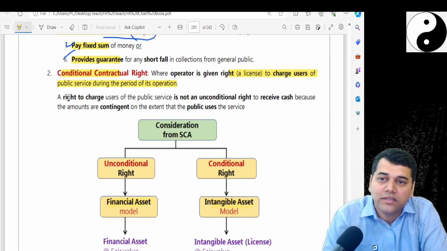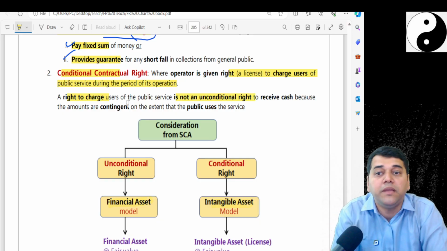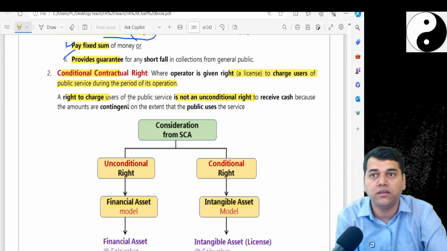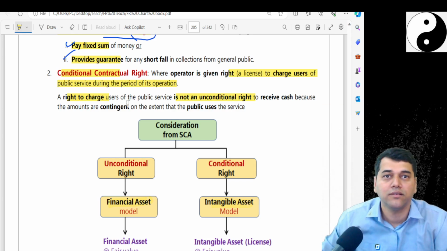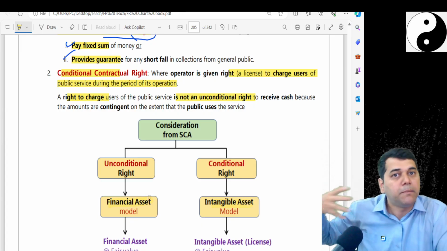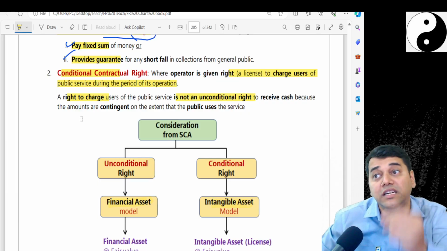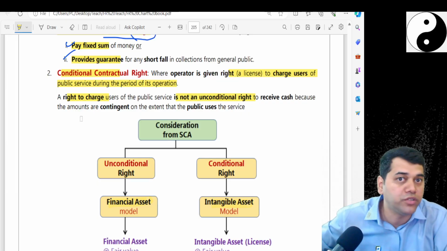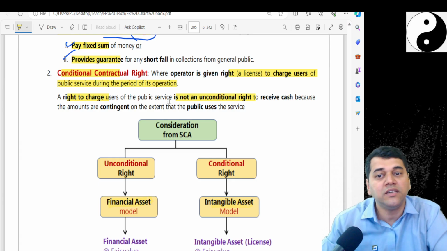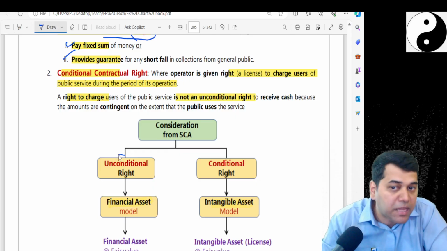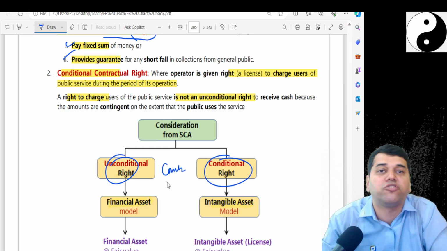So the right to charge is not unconditional, because public people may not use it. Can you force the public to use my bridge only? They may take one ferry and go there. That's why the money I am going to receive in the second arrangement is conditional on the public using it. It's not unconditional. Are you clear? So in a service concession arrangement, either I may get conditional or unconditional or a combination of both.